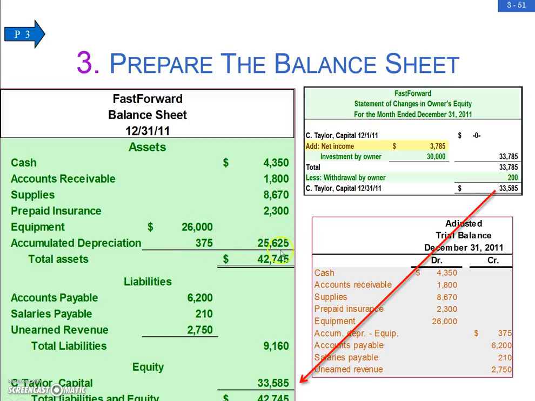And that subtotal is your assets minus your accumulated depreciation amount. That is your book value. So it's shown at book value. So if you just add up all the assets, this is the total that you come up to.